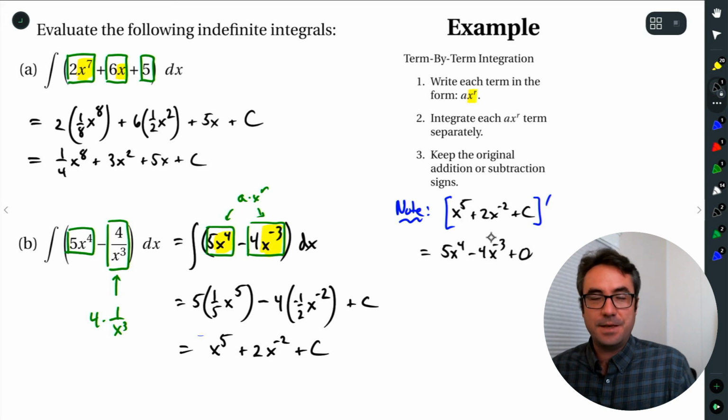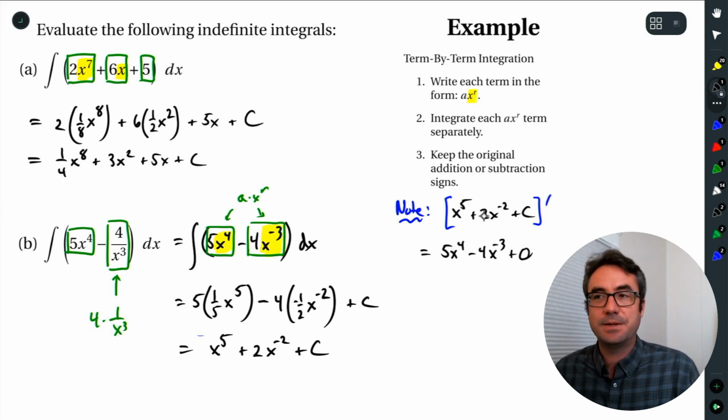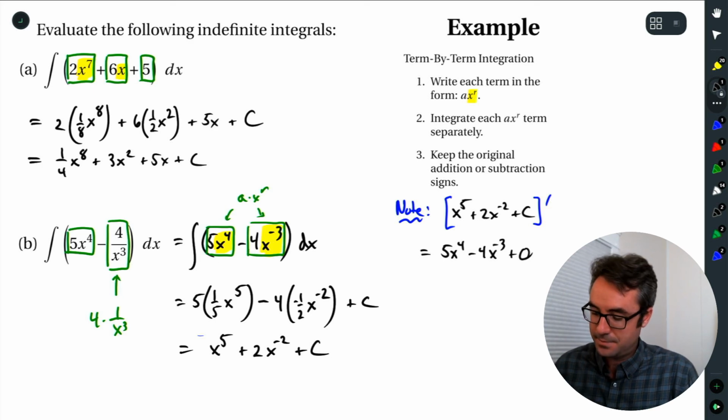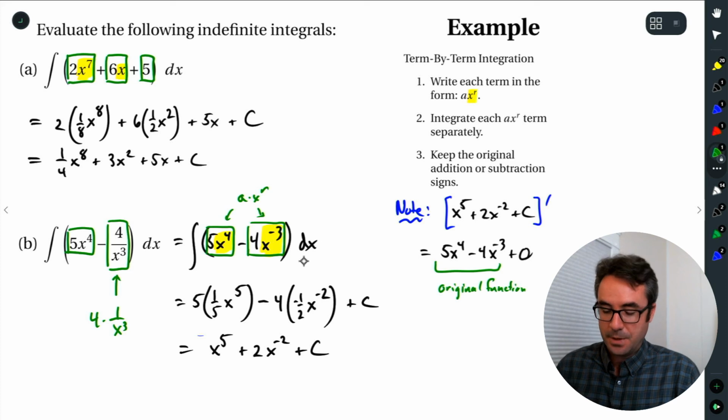If this was the correct answer, when we differentiate it, I should get back my original function. And that's what we're seeing here. This is our original function, 5x to the 4 minus 4x to the negative 3. So if you take your answer and differentiate it, you should get back where you started. So we can always check.